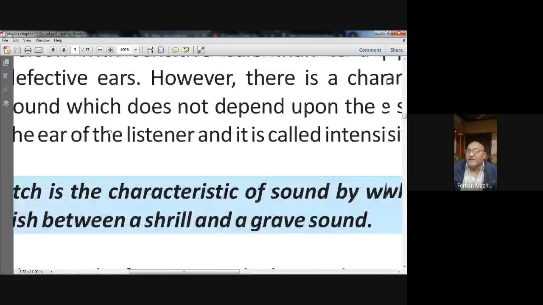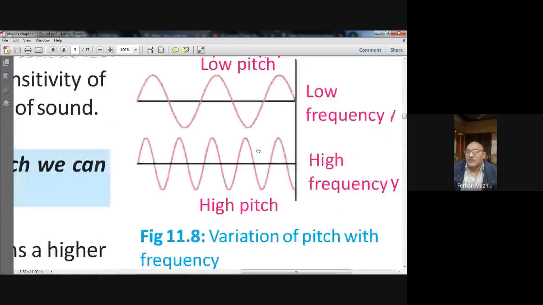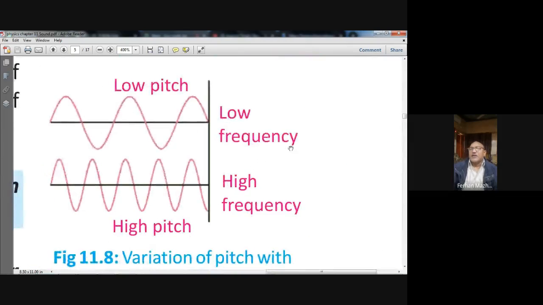In O levels, it's very important that you understand what pitch is and have the ability to recognize the pitch from a displacement time graph. So here on your screen, you can see we have shown you two waves.